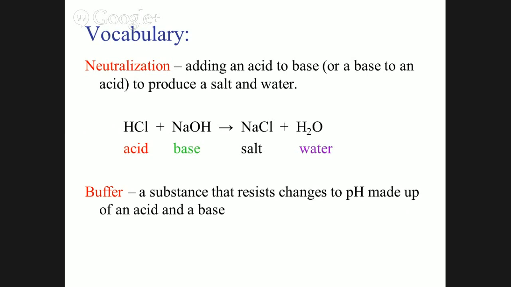We have buffers in our bodies to try to keep the pH of our bodies in a very narrow range. You may have also heard of some medicines that are buffered so that when you take them, they will not upset your stomach, not make it too acidic. So buffers resist changes to pH.